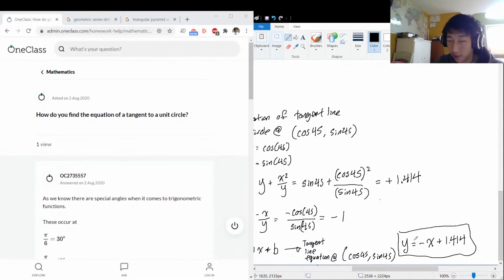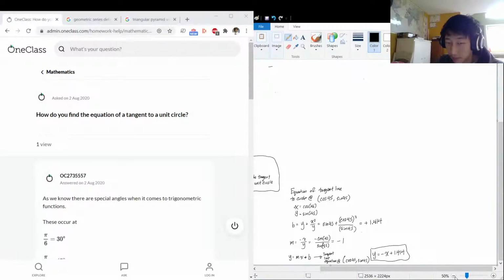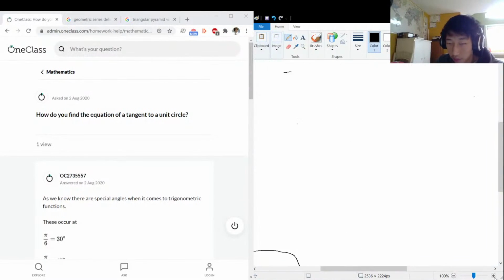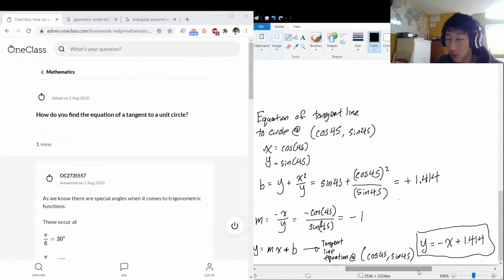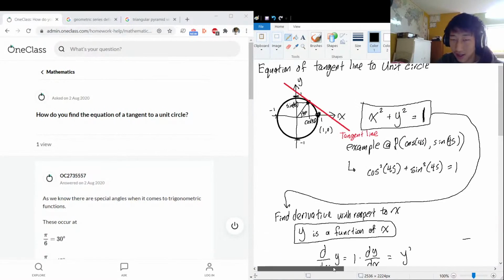So that'd be our final answer if we wanted to find the equation of the tangent line that intersects with the unit circle at an angle of 45 degrees, or the point that is 45 degrees away from the x-axis of the unit circle. Yeah, this one. Sounds good. Okay.